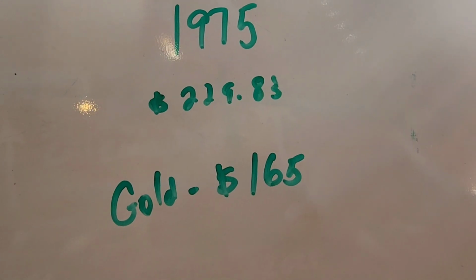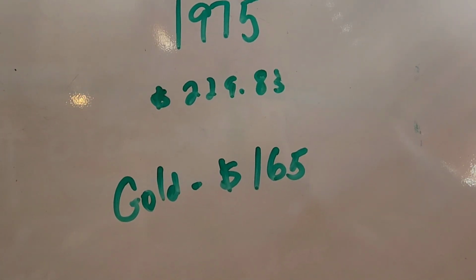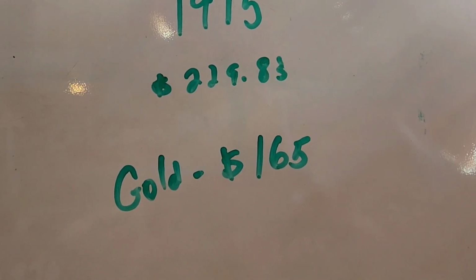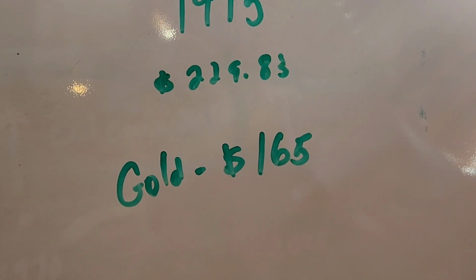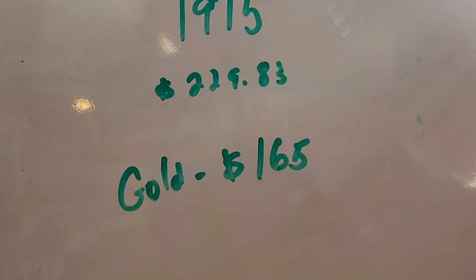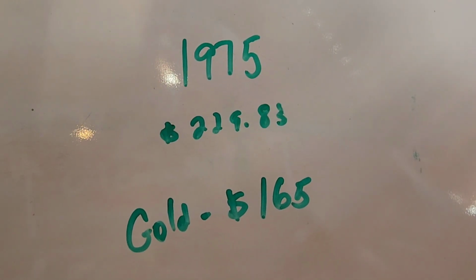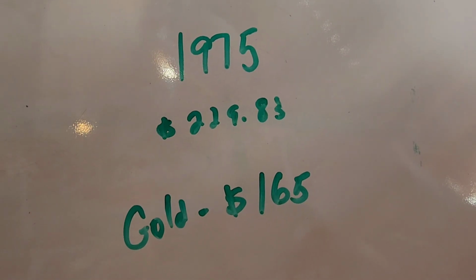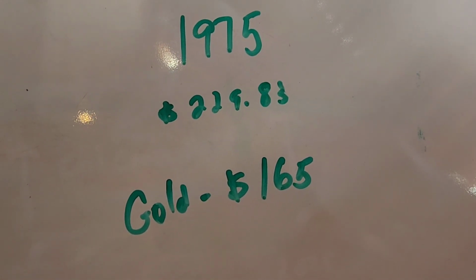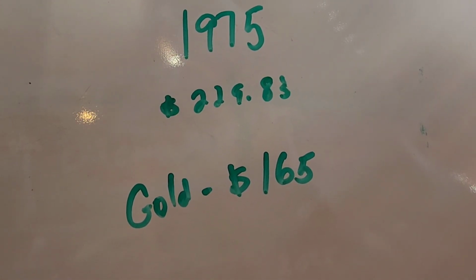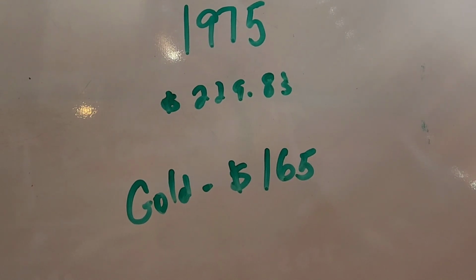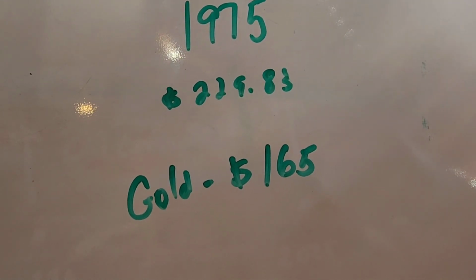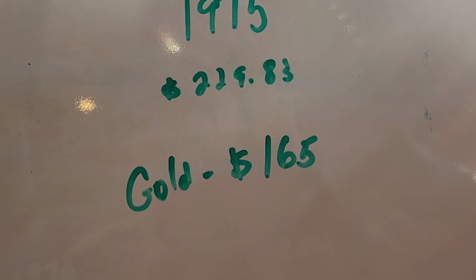If you look at 1975, the corn producer took his 1 acre of ground, produced corn, sold that corn, equal to total revenue about $230 an acre. Gold that year was averaging about $165. So in other words, 1 acre of land equaled more than an ounce of gold in revenue.